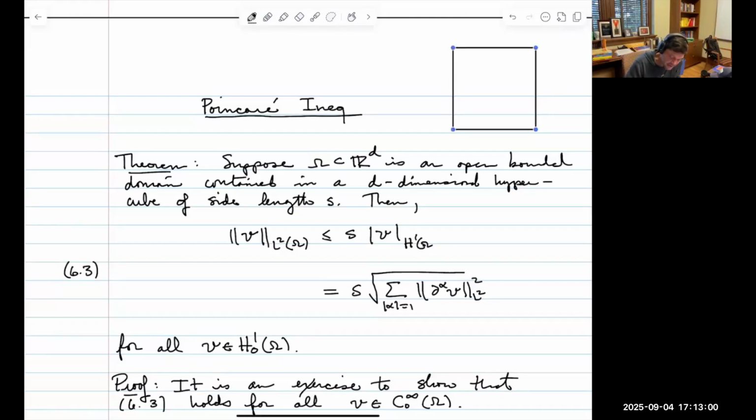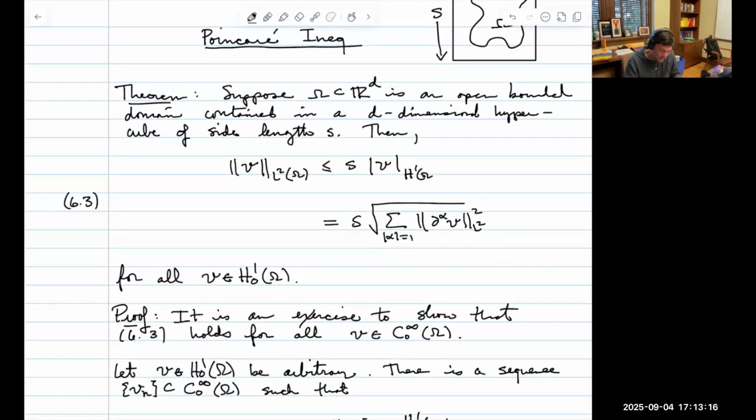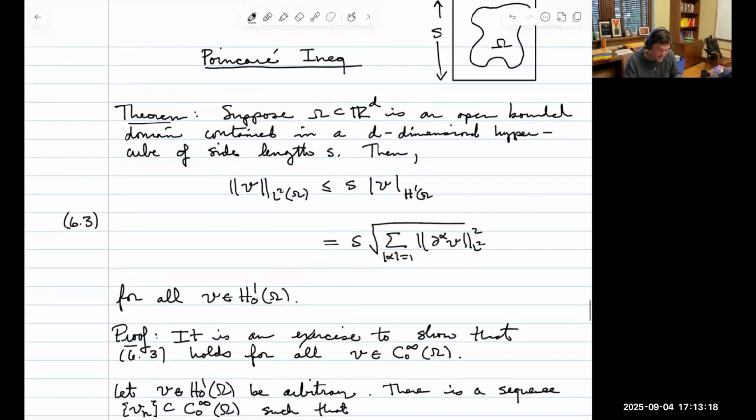So the side length has to be well defined. That's S. My domain doesn't have to be all that nice, but it just has to fit inside that box. So omega fits inside that box. Then I can prove a Poincare inequality of the following type.